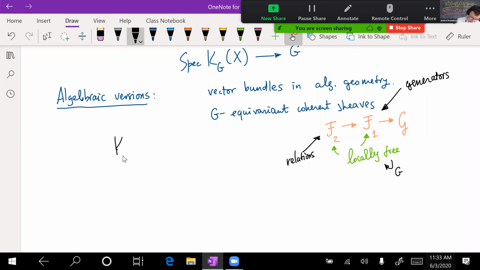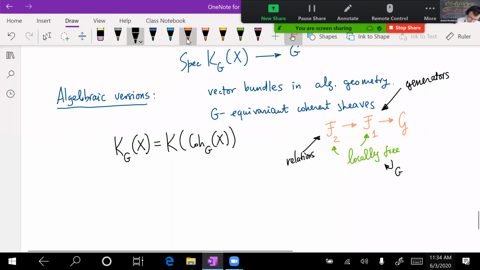We will denote by K-theory, G-equivariant K-theory of X, what you get from coherent sheaves. In other words, it is the Grothendieck K group of the category of G-equivariant coherent sheaves on X. And what does it mean, a K group?